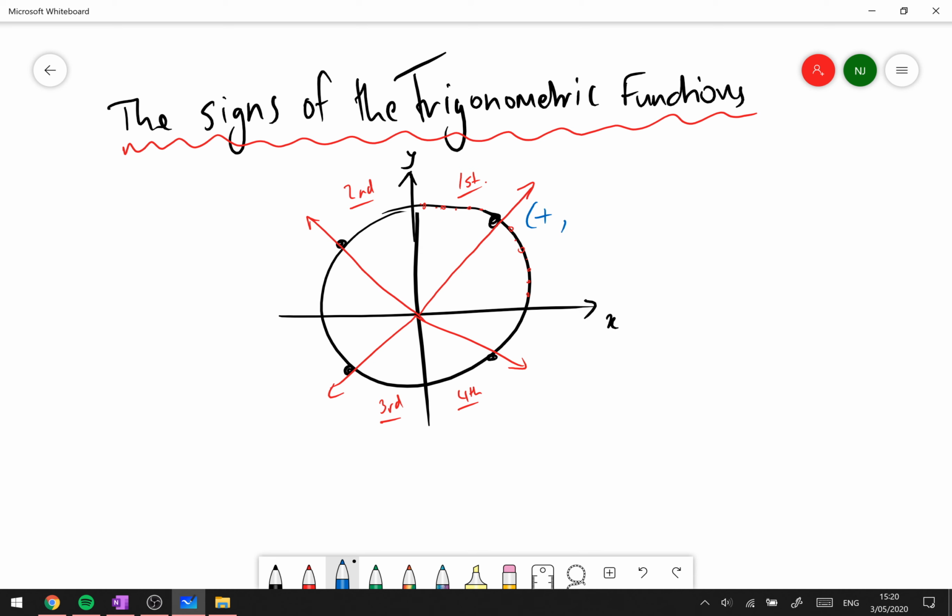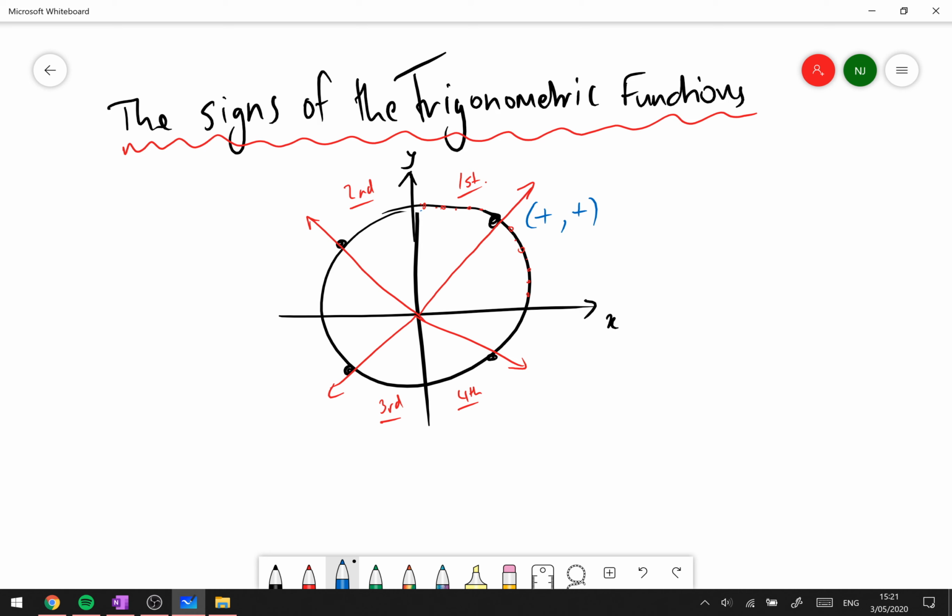And the second thing is that the y value is also positive because it is above the origin along the y. So any point along here has a positive value for x and a positive value for y. It might seem pretty obvious, and it's going to be really helpful later on when we do our exact values.